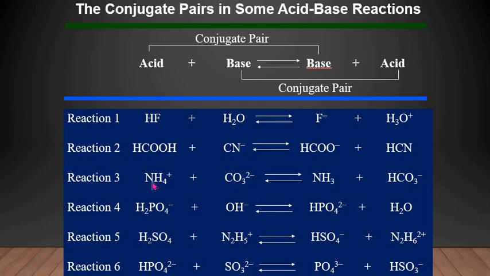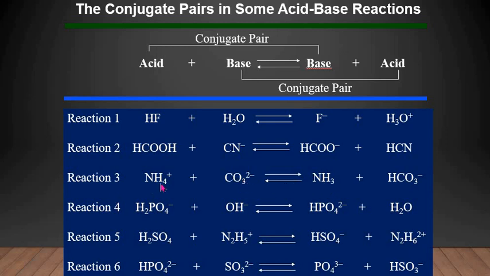Suppose NH4 plus reacts with CO3 2 minus, it produces NH3, ammonia, and HCO3 minus. Here NH4 plus is converted into NH3, meaning it donates a proton, so it is an acid, while CO3 2 minus is converted into HCO3 minus, meaning it accepts a proton from NH4 plus, so it acts as a base.